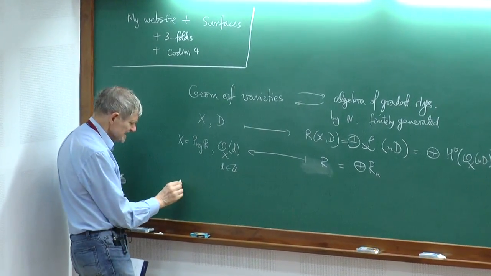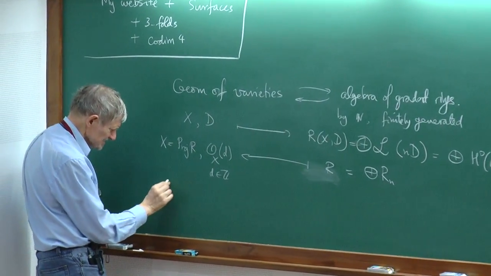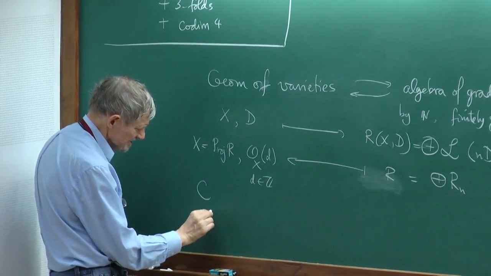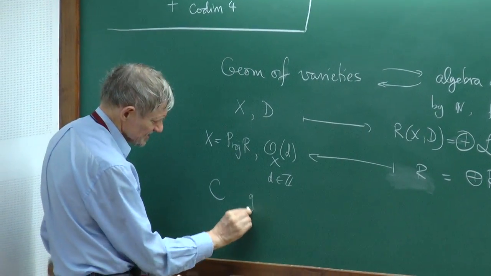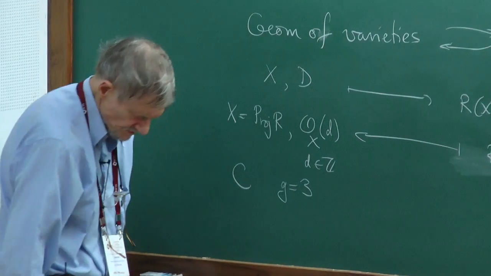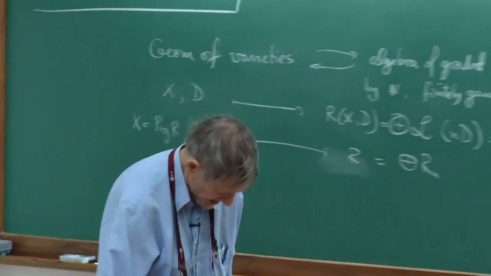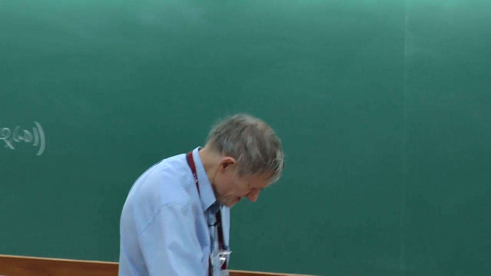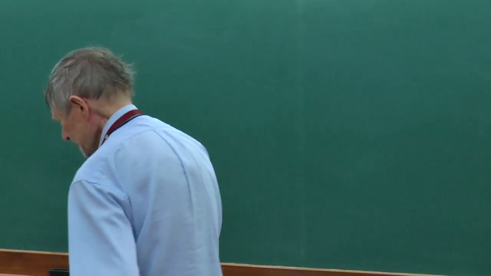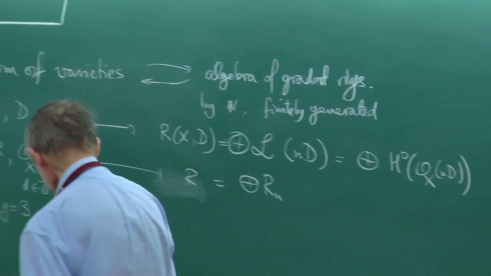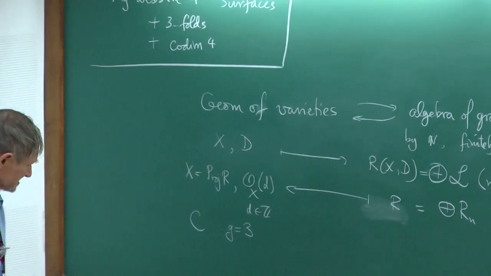Suppose I want to study a curve C of genus 3. A curve of genus 3 is an abstract concept of mathematics, and in the first instance we don't know that any such exists.